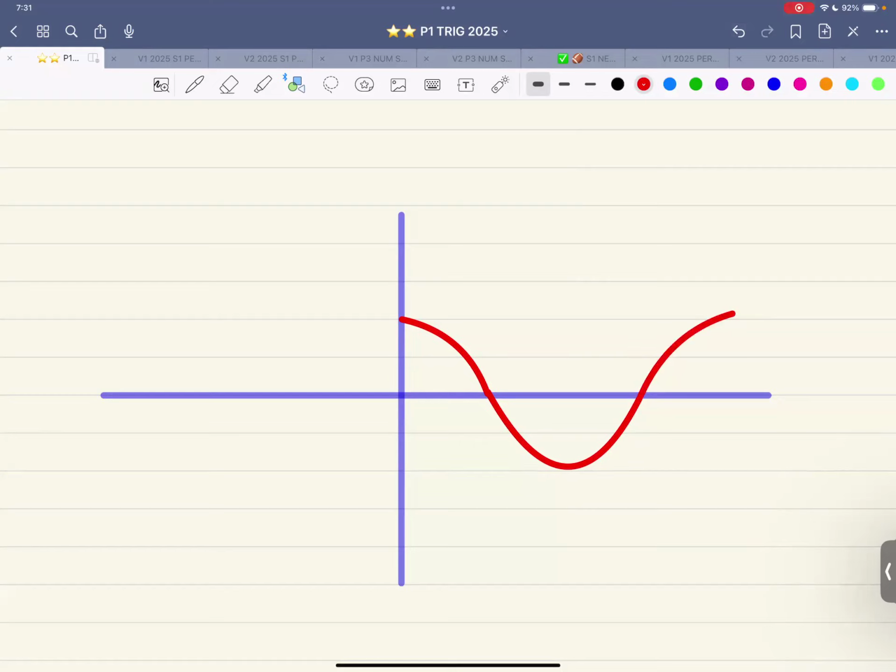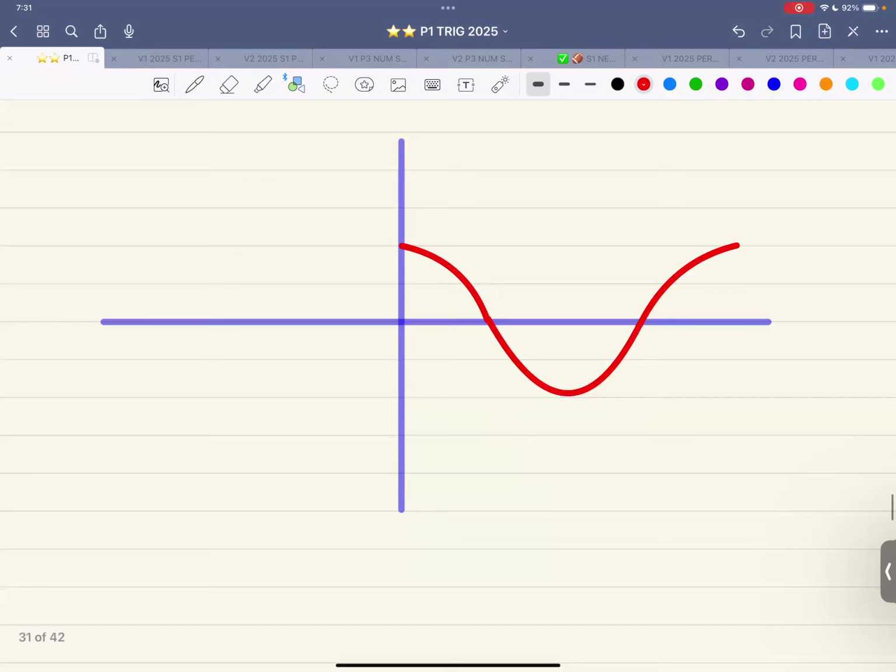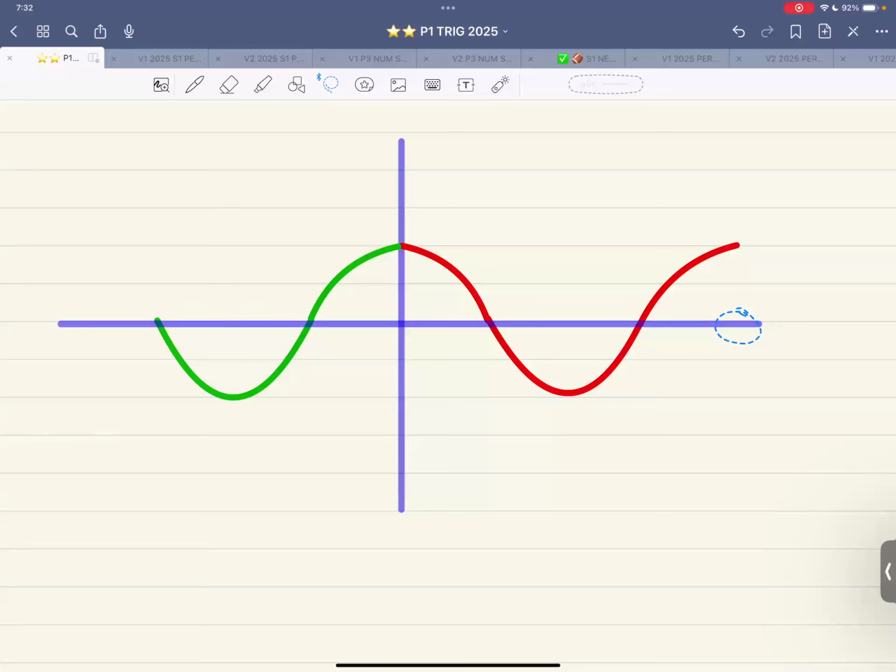Let me make it better. Okay, now this is better. And let me draw it on the other side also, like this. And let me push this to the left. Something like this, okay?